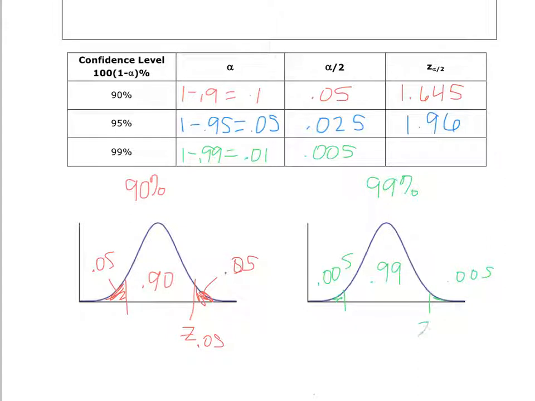So we want to look at that z-value, 0.005, from the online tool, and you will find that value is 2.575. Another one that we're going to go out 3 decimal places.